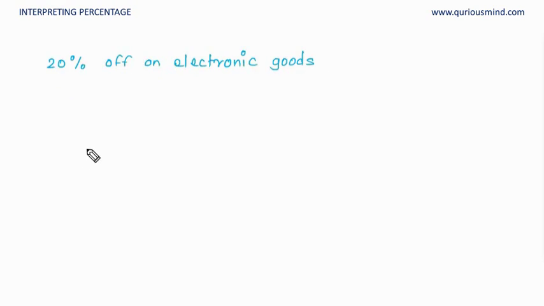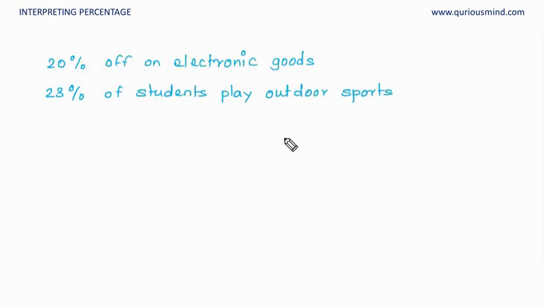Or when we talk about a school, let's say, we say only 23% of the students play outdoor sports. Or we also talk about how 20% of the pollution is caused by ill-maintained vehicles.